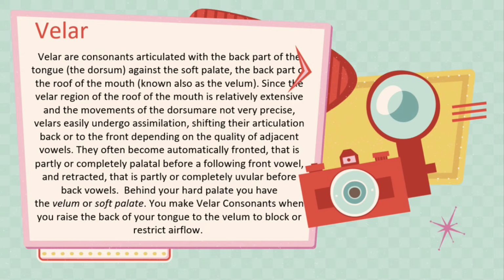Velar. Velars are consonants articulated with the back part of the tongue, the dorsum, against the soft palate, the back part of the roof of the mouth, known also as the velum. Since the velar region of the roof of the mouth is relatively extensive and the movement of the dorsum not very precise, velars easily undergo assimilation, shifting their articulation back or to the front depending on the quality of adjacent vowels.